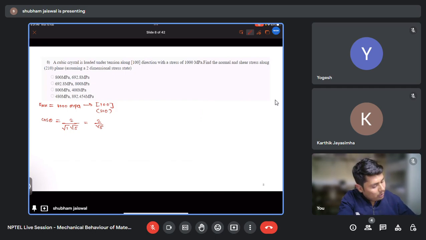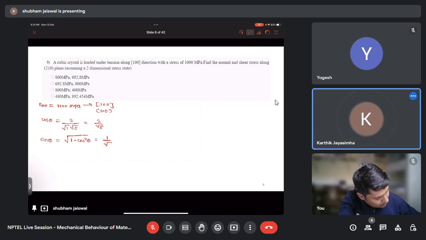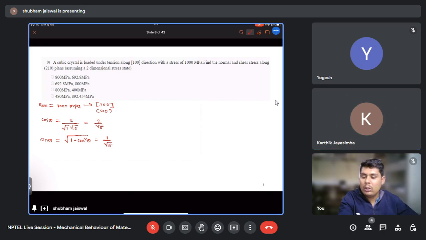So now if I need to find out sin theta, it will be under root 1 minus cos square theta. Am I correct? Yes, sir. It comes out to be 1 by root 5. Okay. Now, if I calculate sigma x prime, it is nothing but sigma xx cos square theta.